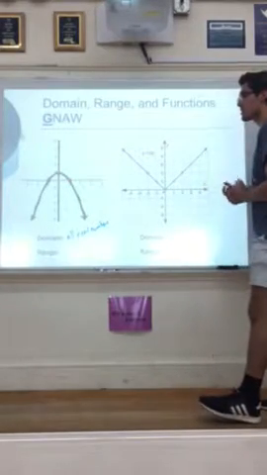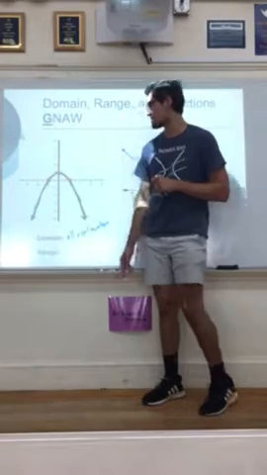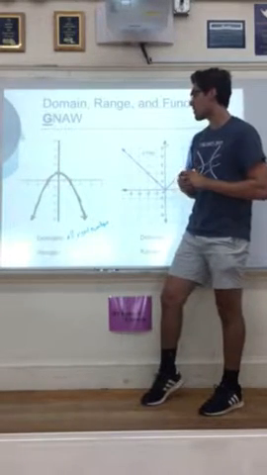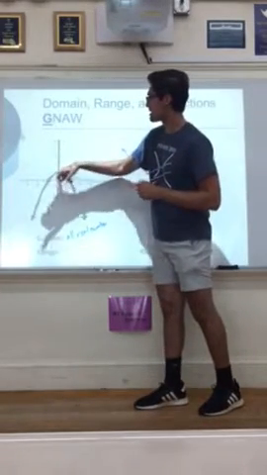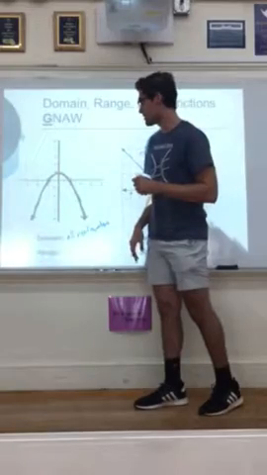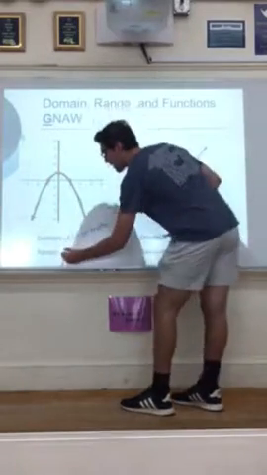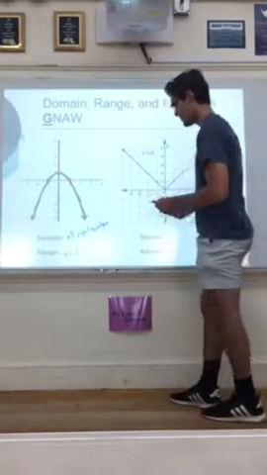Now when I look, the question I'm thinking is, what y values are possible or exist on this graph? It is not all of them. What y values am I missing? I'm missing every single thing above the y value of 2. So my range, what y values are possible, are all of the y values that are less than or equal to 2.